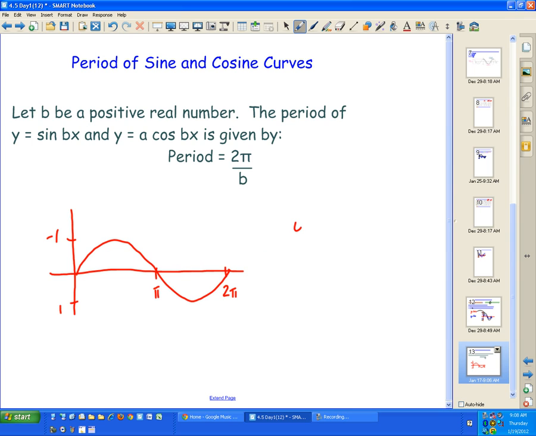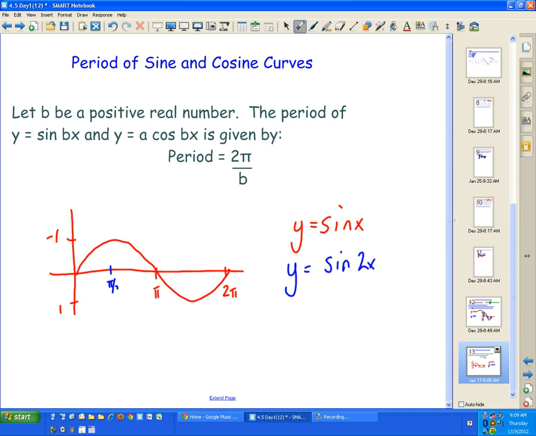And then if I was to change the period of this and say sine of 2x, there's two ways to look at this. One is, since there's a 2 here, that's basically saying that I'm going through this cycle that you're looking at right here twice before I get to 2 pi. So instead I'll go through the cycle at pi over 2 and at 3 pi over 2.